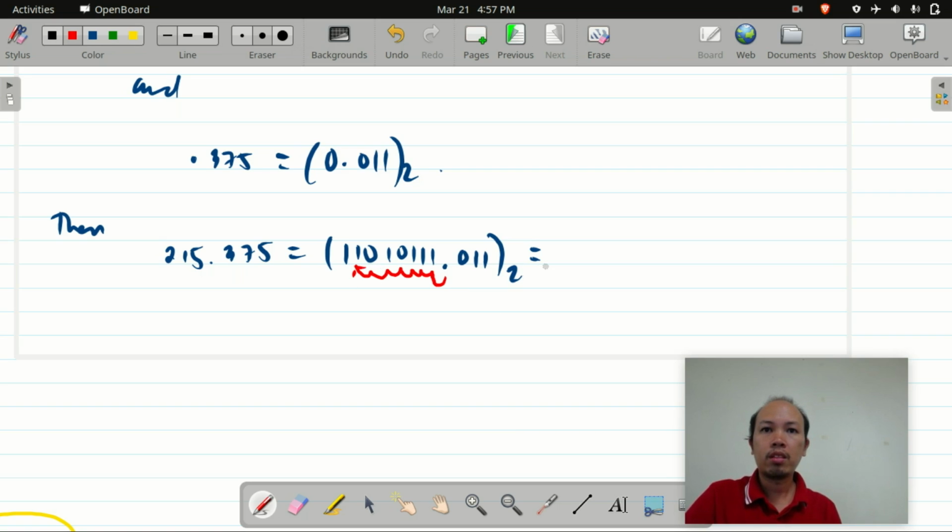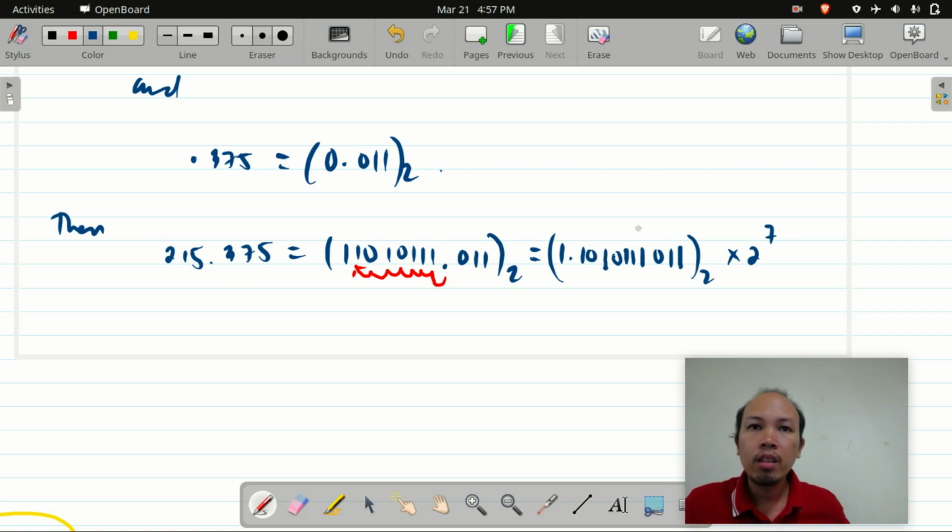So we have 1.10101111 times 2 to the 7. This is the normalized floating point representation of the given number.